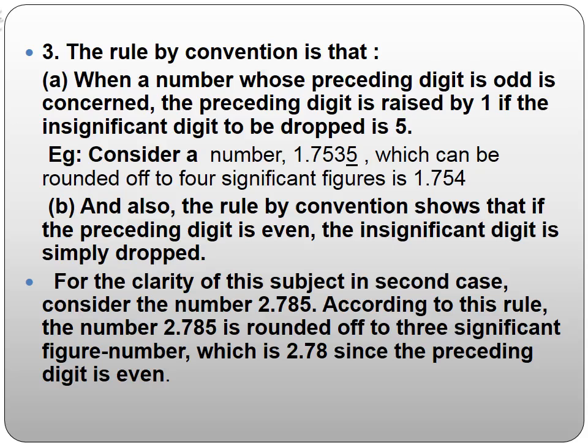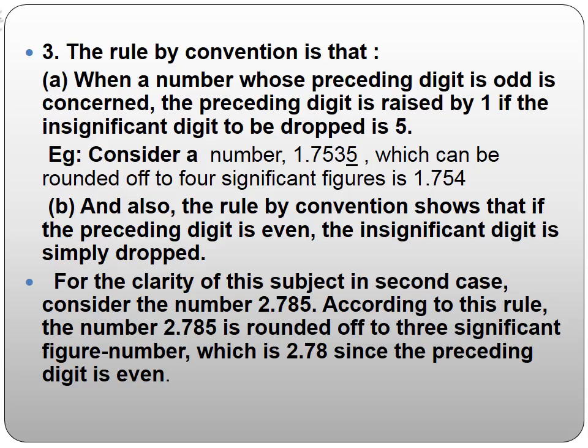Here, the insignificant digit is 5, which is already underlined, and its preceding digit is 3, which is an odd number. So, it should be rounded off to 1.754 when the preceding digit 3 is raised by 1.